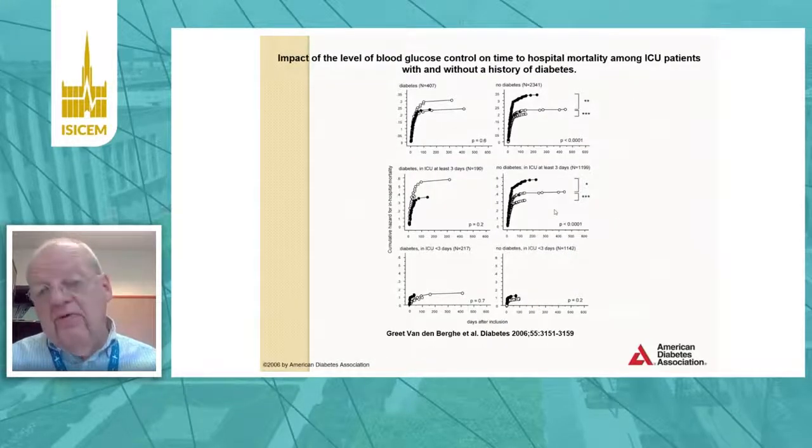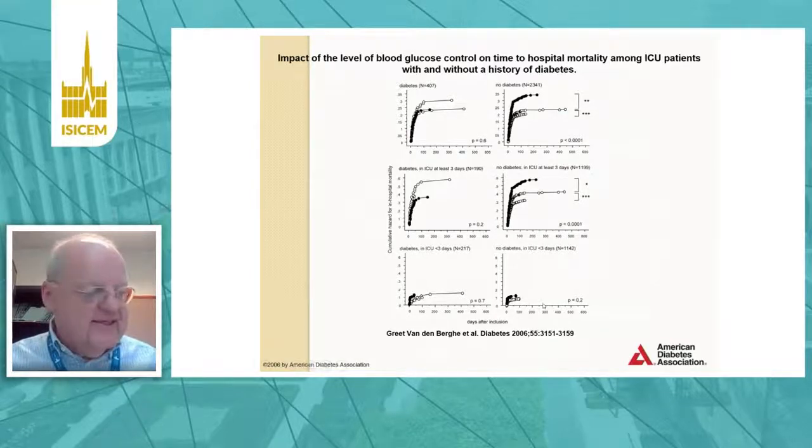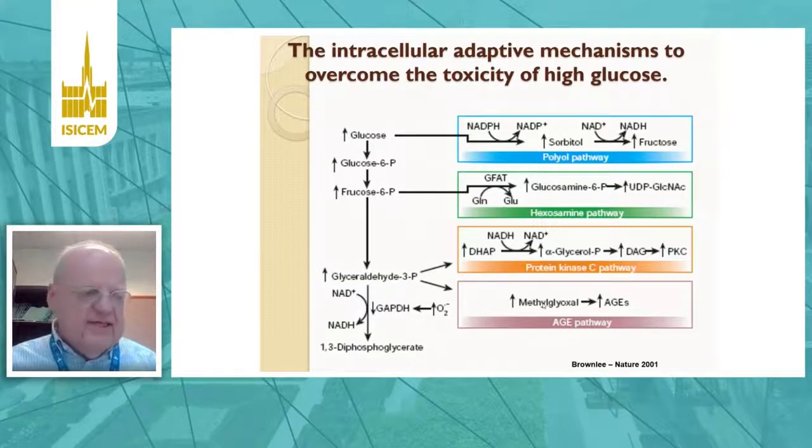Even in Leuven, where intensive insulin therapy was shown as a life-saving therapy, this benefit in terms of survival was not observed in patients with pre-existing diabetes. So there is something different in diabetic patients and patients with chronic hyperglycemia, as opposed to patients without chronic hyperglycemia.